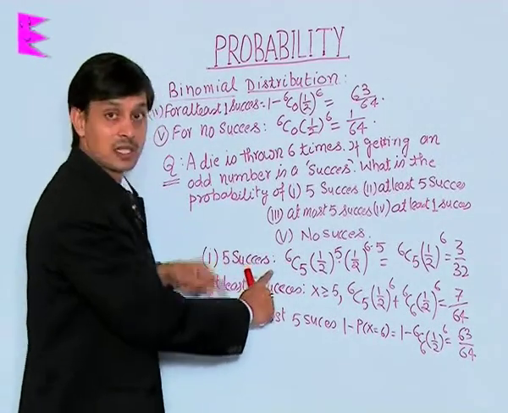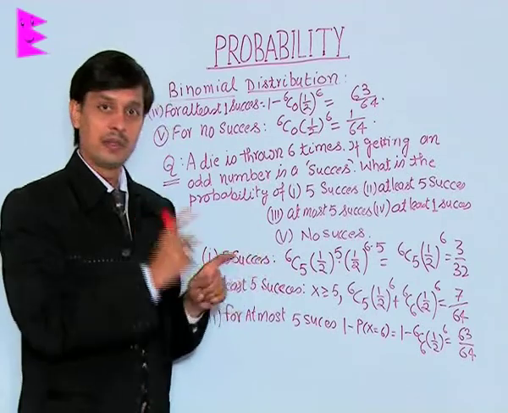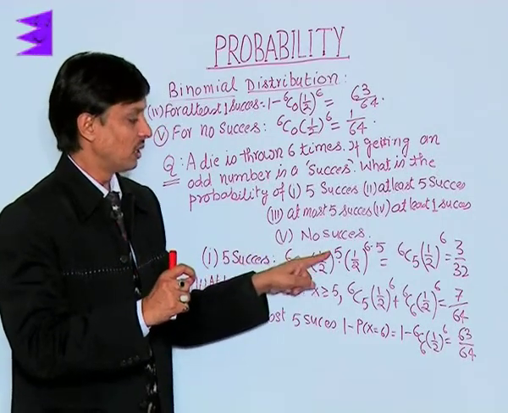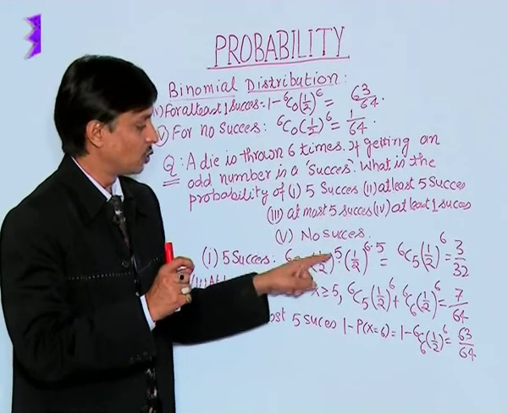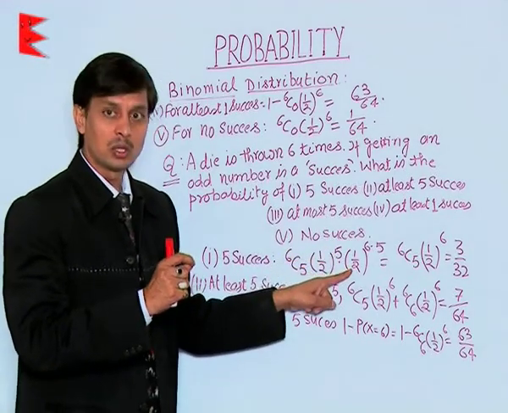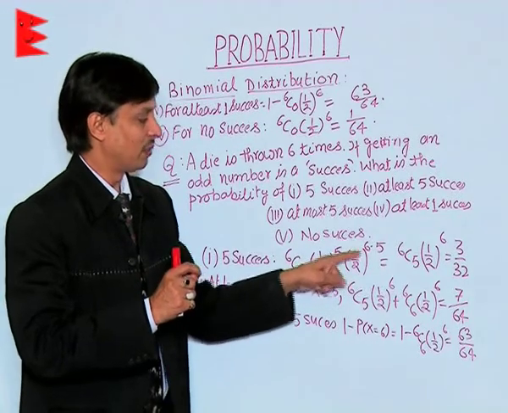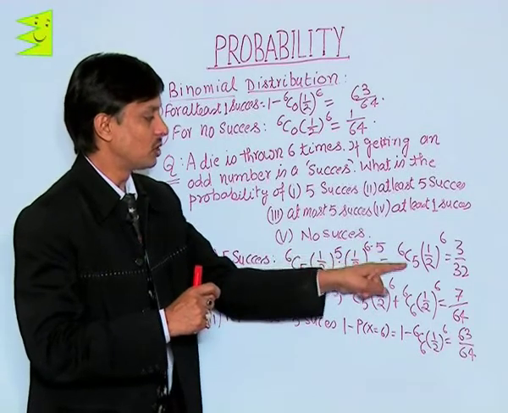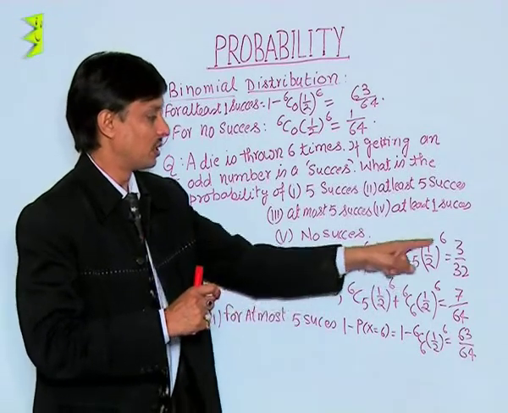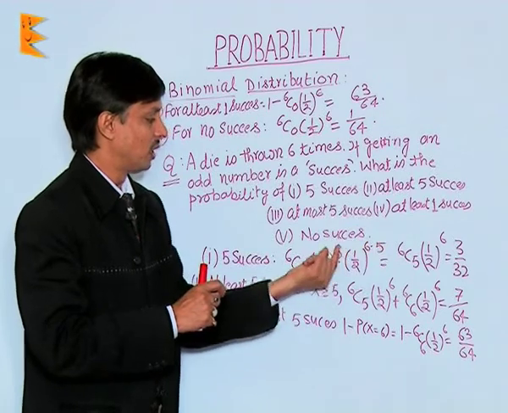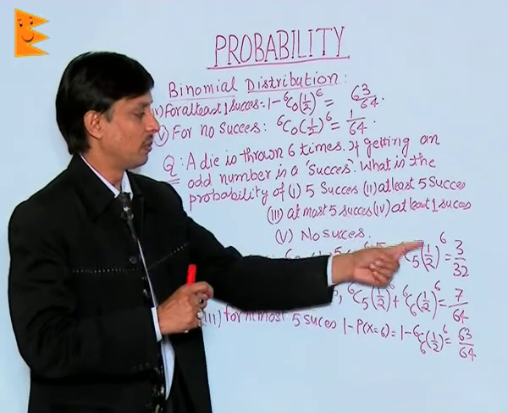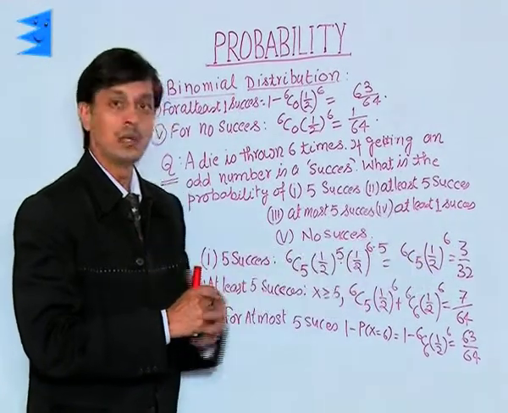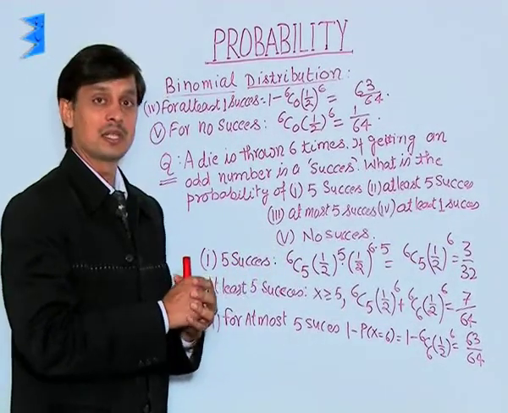So it is 6C5, p to the power r, that is half to the power 5, and q is also half, to the power n minus r, that is half to the power 6 minus 5. This becomes 6C5, half to the power 5, half to the power 1, which together become half to the power 6. The calculation will give us 3 upon 32. This is for the 5 successes.